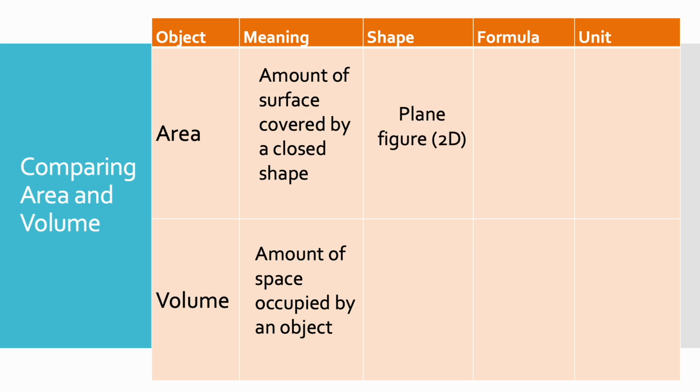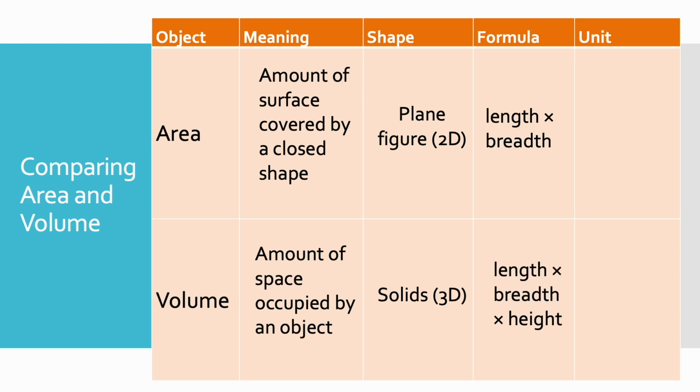So plane figures are two-dimensional, solids are three-dimensional. Formula is length multiplied by breadth, whereas for volume we also take into consideration the height. Unit would be in square units: centimeter square, meter square, kilometer square, and for volume it would be cubic units: centimeter cube, meter cube.